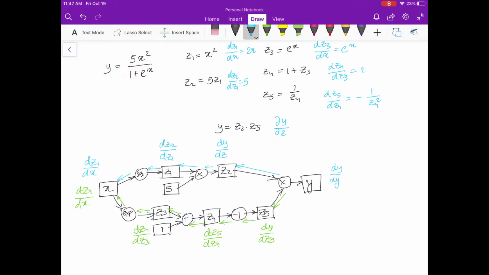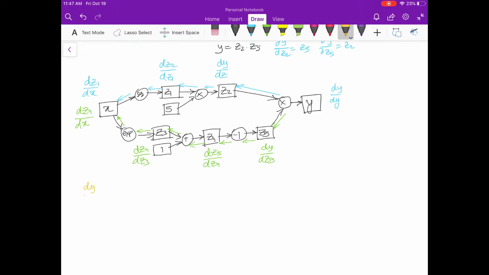dy dz2 is z5, dy dz5 is z2. Right? And notice I've taken the partial derivative of y because y is dependent on both z2 and z5. Now dy dx. Right? And how do we do that? Well, let's go through the blue path first.